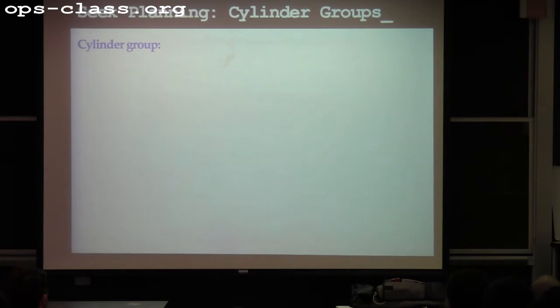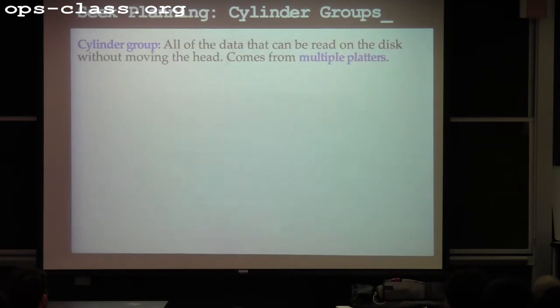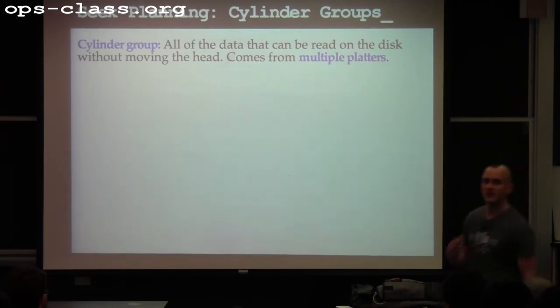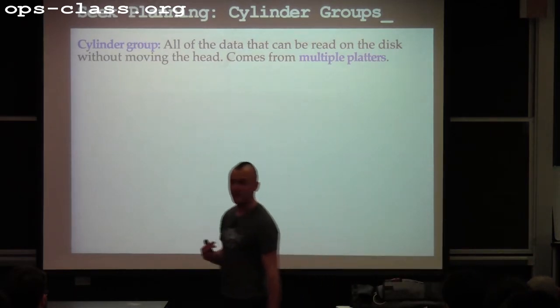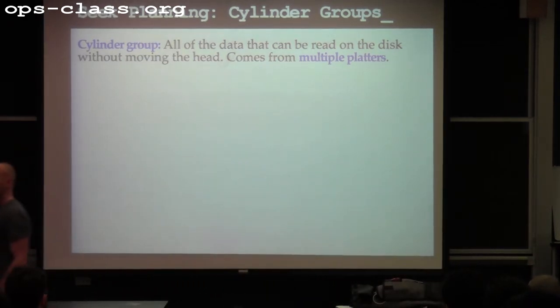So it's data that's co-located on the disk. And so how did FFS exploit this fact about disks? Cylinder groups represent data that is physically close on the drive, meaning that the time to seek between blocks that are in the same cylinder group is going to be much smaller potentially than the general latency to seek between any two blocks on the file system.